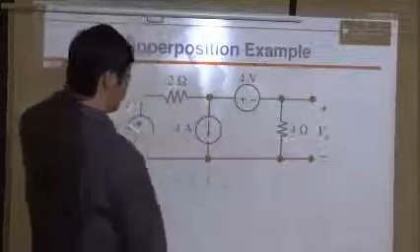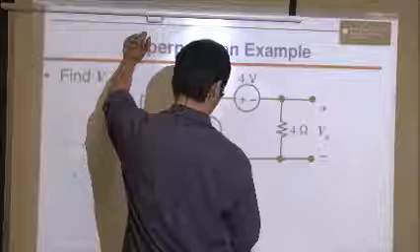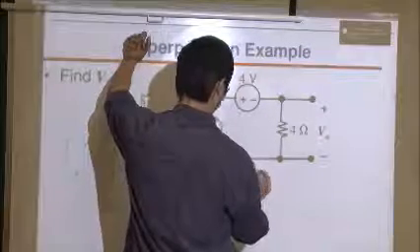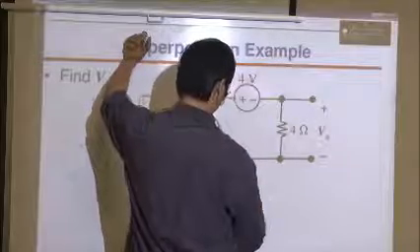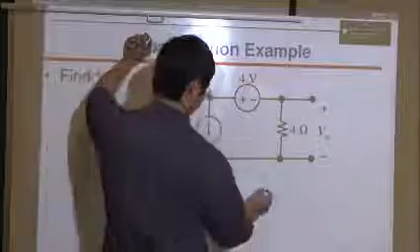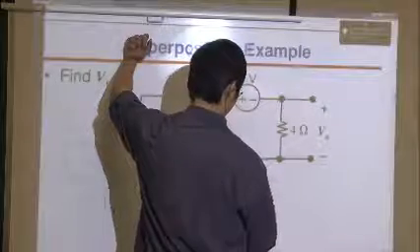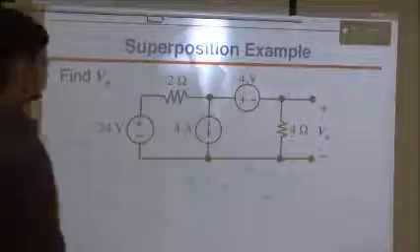So the contribution of this source to the output, VO2, will be minus 4 amp divided by 3 times 4, so it's minus 16 over 3. That's VO2.